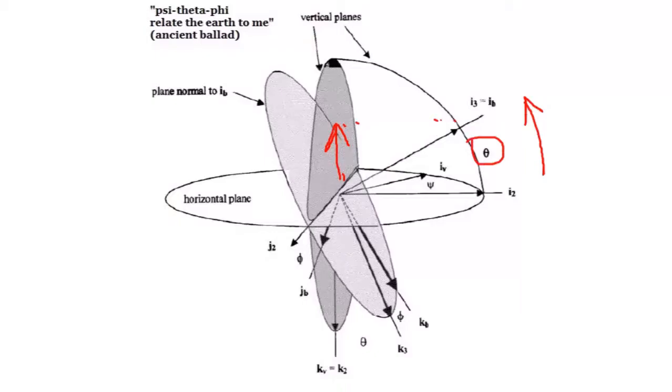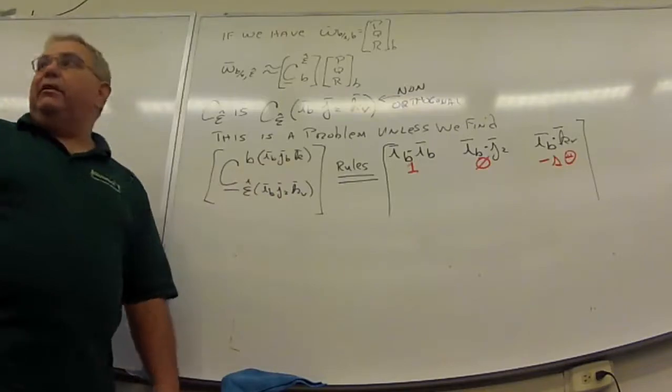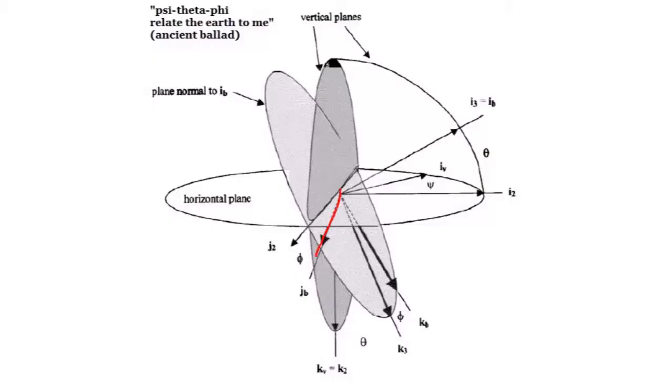Okay, that takes care of the first row. How do I get the second row? I lay my finger along JB, so I'm going to have JB dotted. Okay, so let's work this one out. Keep our right brain going. What is JB dotted with IB?